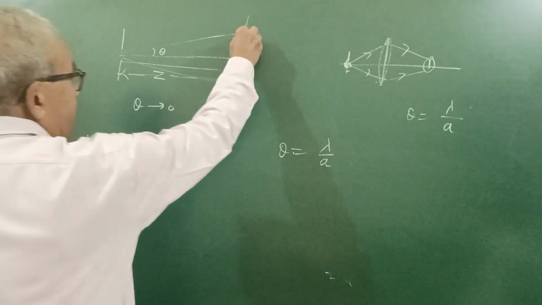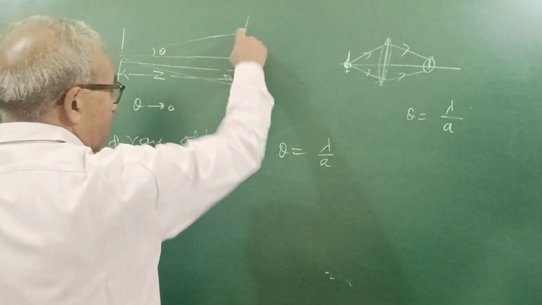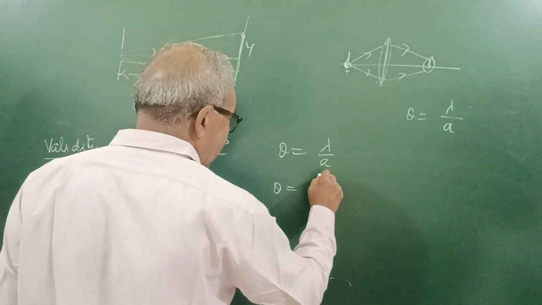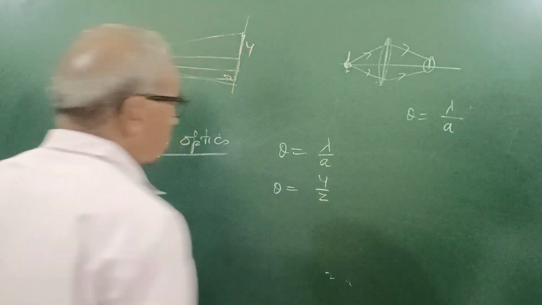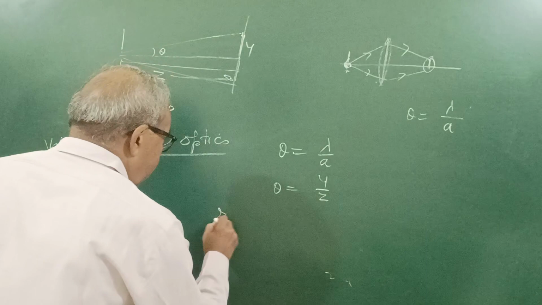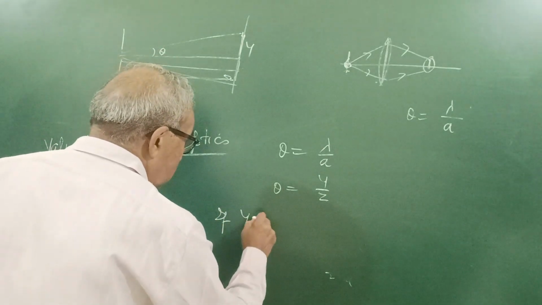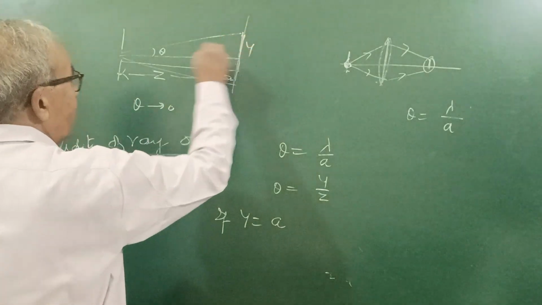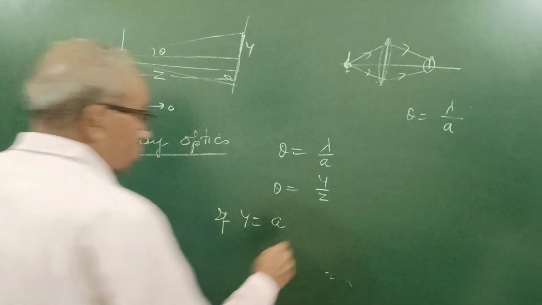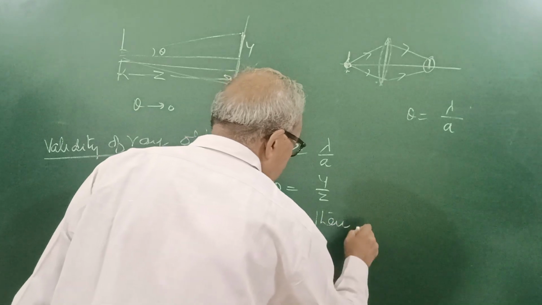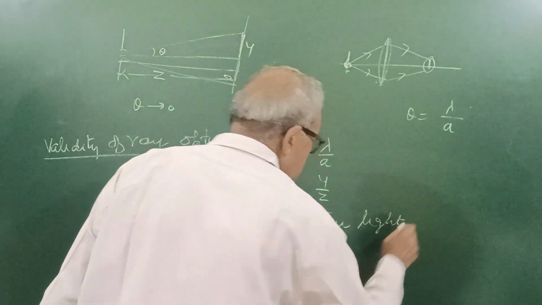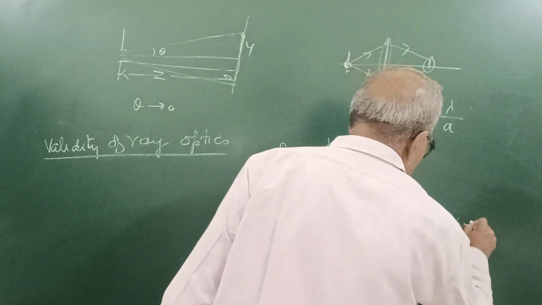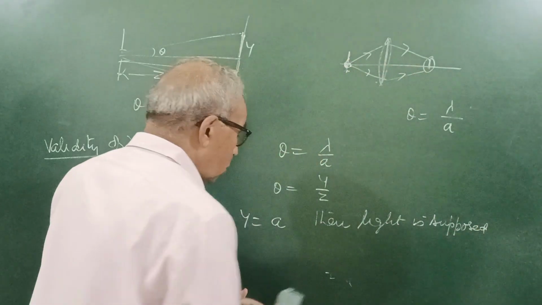And if y is a linear spread, then theta is equal to y by z also. If y is equal to a, meaning the angular spread is equal to the width, then light is supposed to travel straight.